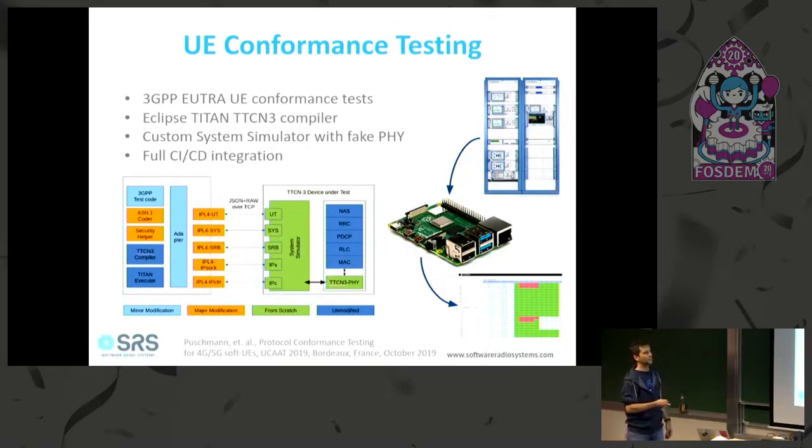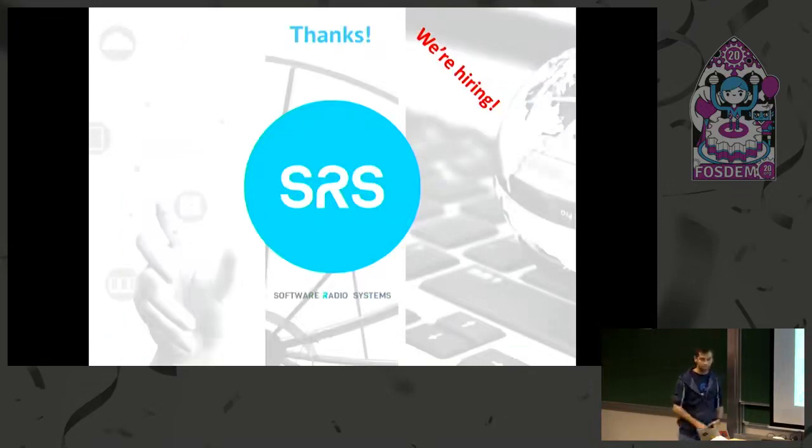It's all integrated in our continuous integration, and this really helps to make sure that the UE actually does what it is supposed to do, and that it complies with all the conformance requirements on the protocol side of things. We are running a fully unmodified protocol stack there to test against the tests, and that's it.